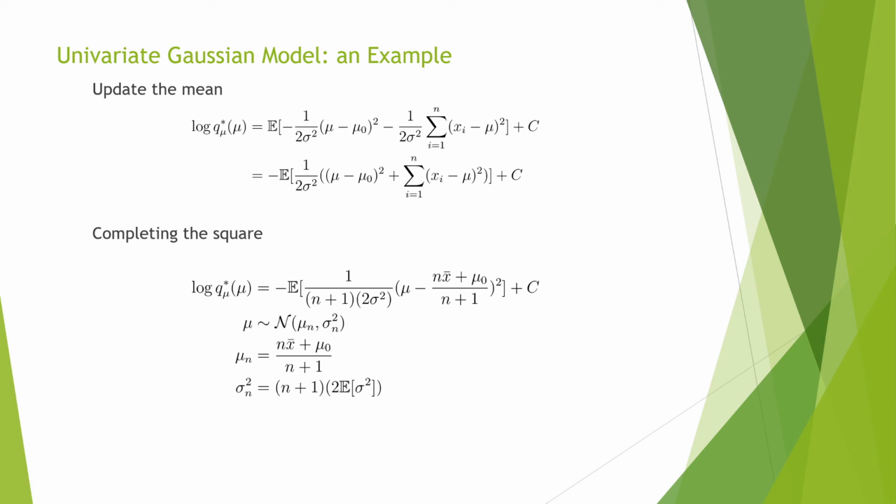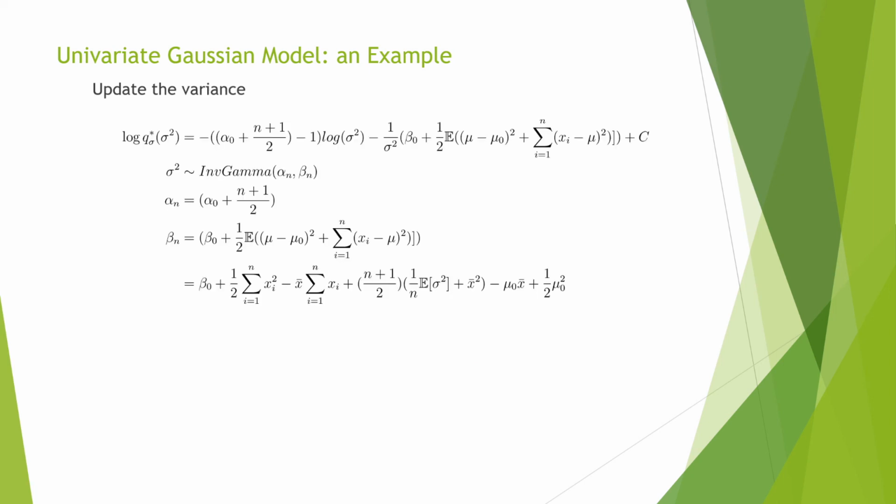The other observation is that the updates for sigma n, which is the variance for mu, depends on the expectation of sigma square, which is taken over the variational density of sigma. So the different variational factors actually depend on each other in some cases. So similarly, we can also calculate the variational density of sigma, but this time we won't spend so much time on the calculation.